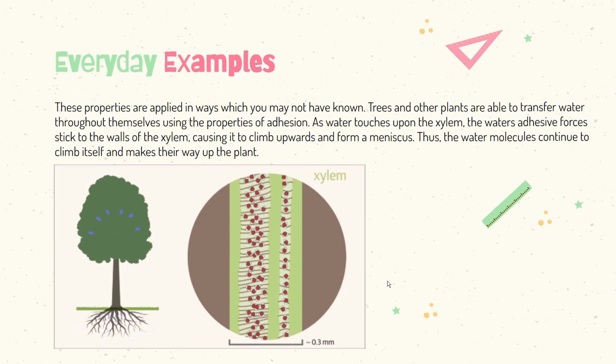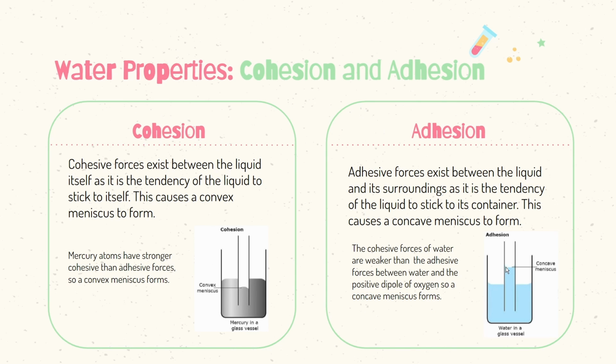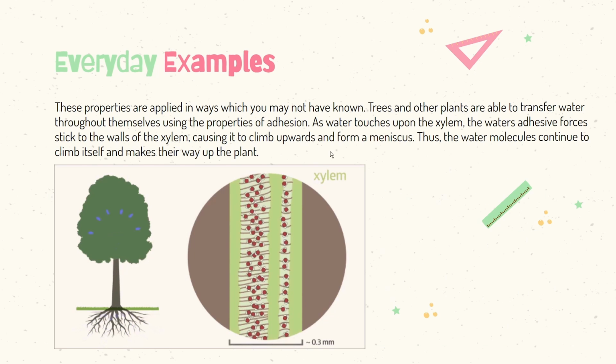So what is the application of this? One example is trees and other plants transferring water throughout themselves through the property of adhesion. Go back here: with adhesion, we note that it's climbing up the sides of the glass. Plants have xylem and phloem, which is their way of transferring water and nutrients throughout their system, which is more biology, so we won't go into that.